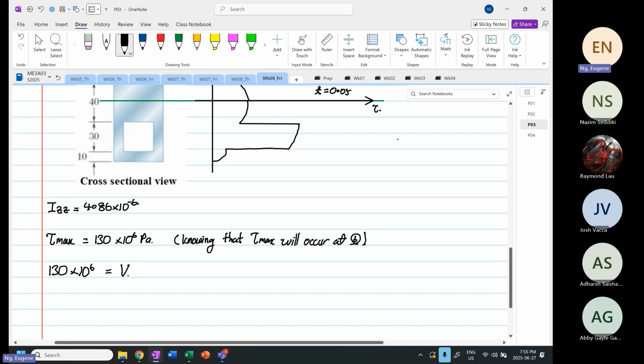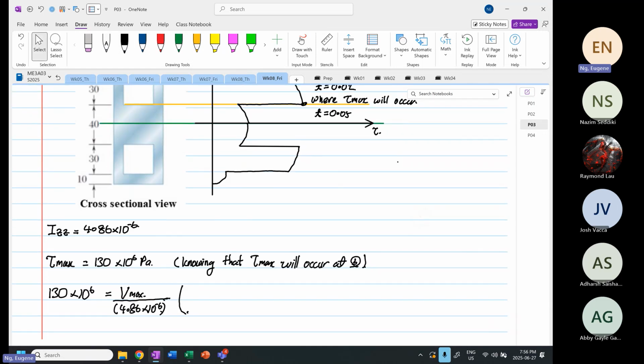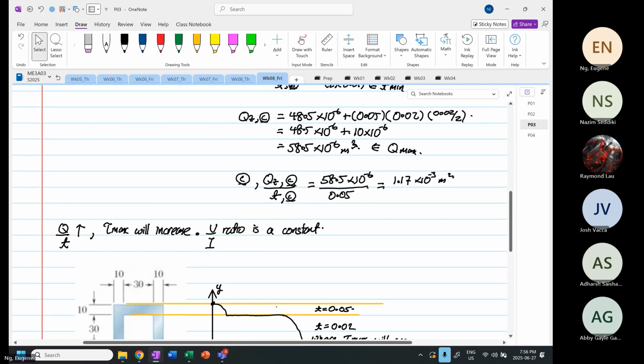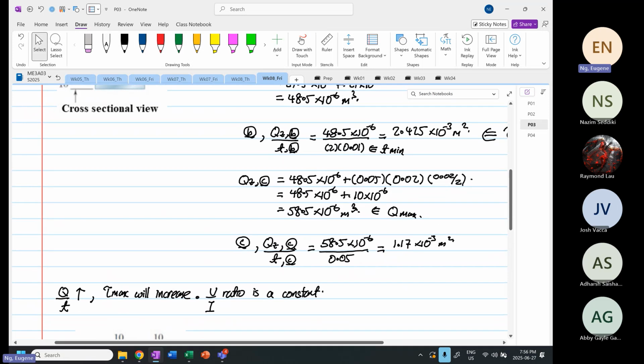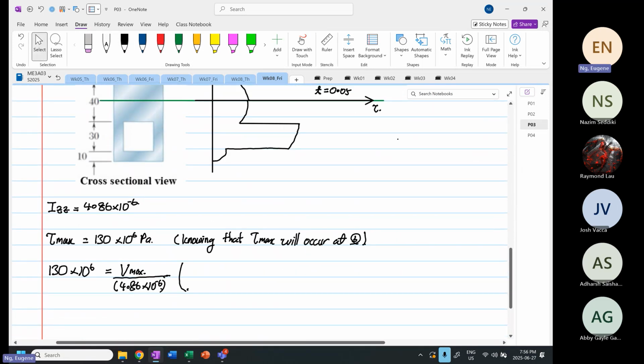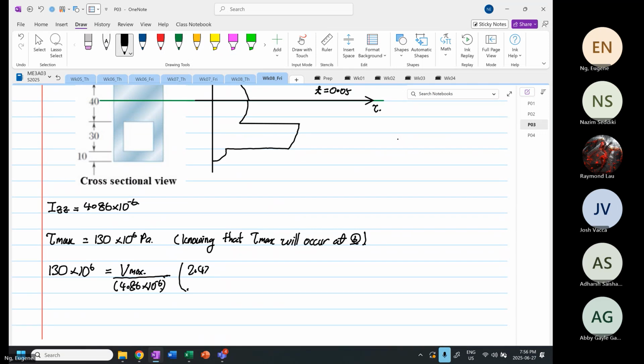What we want to find is our Vy or our Vmax over here. And then this will be equal to 4.86 times 10 to the power minus 6, and then we are going to use the Q over T ratio, which is 2.425 times 10 to the power of minus 3.